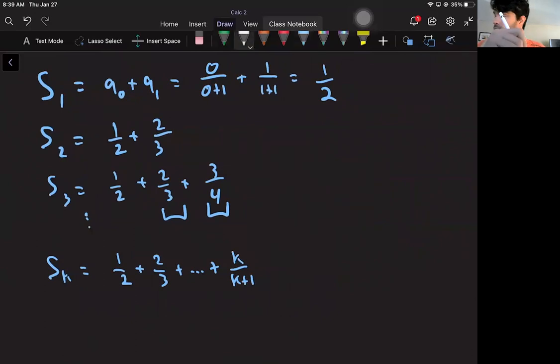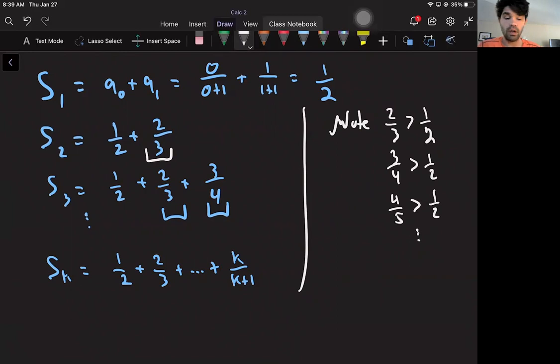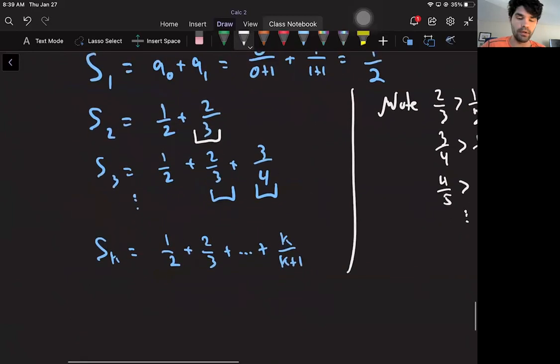So for example, 2/3 is bigger than 1/2. In fact, so is 3/4. So is the next one. They're all going to be bigger than 1/2.